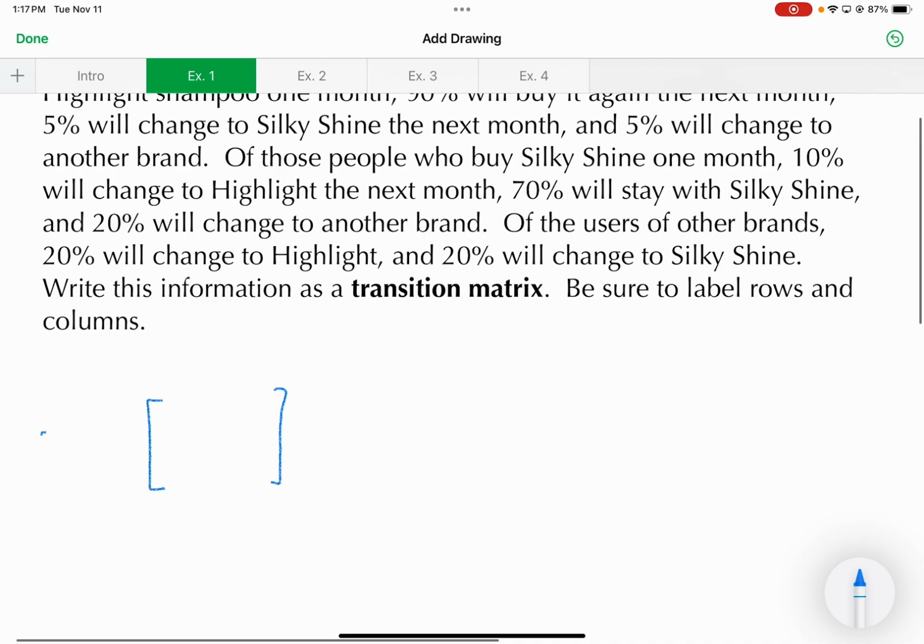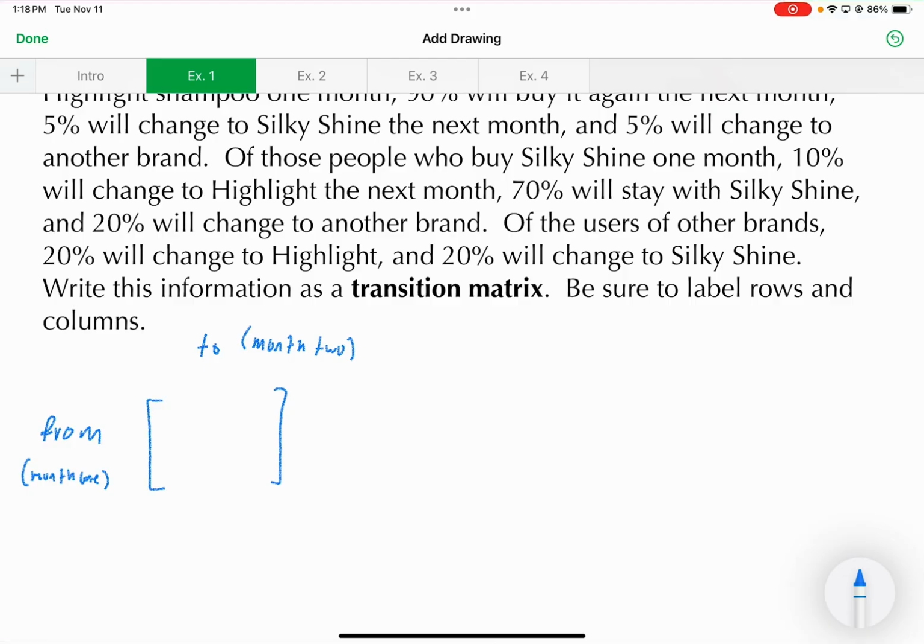So we're going to go from the brand, we're going to set it up as rows, and then we're going to go to a different brand the next month as columns, okay? So this is month 1, and we're going to say this is month 2, okay?